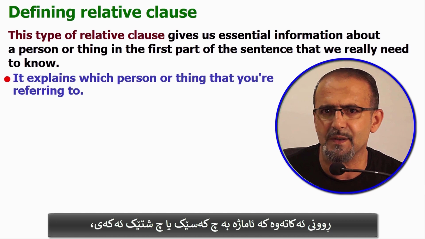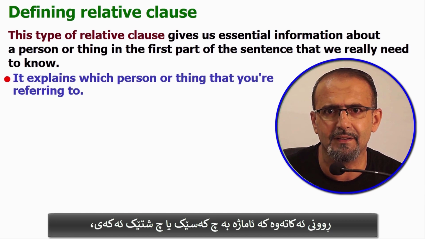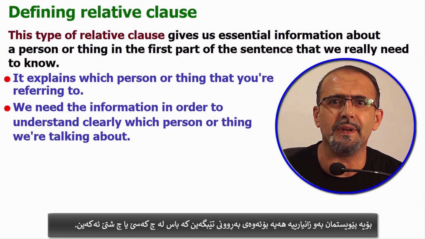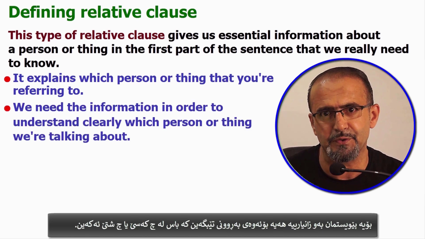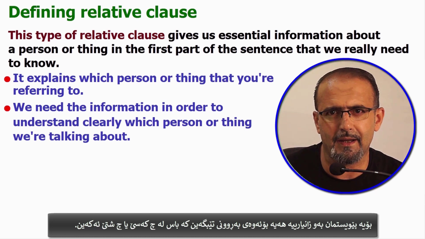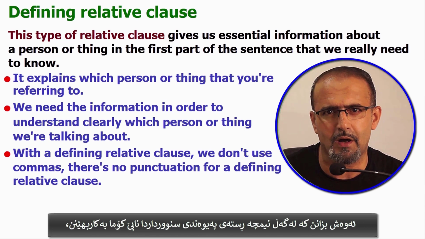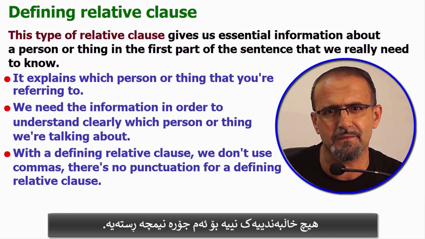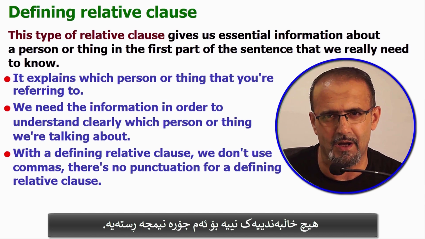It explains which person or thing that you're referring to. So we need the information in order to understand clearly which person or thing we're talking about. And with a defining relative clause, you don't use commas. There is no punctuation for a defining relative clause.